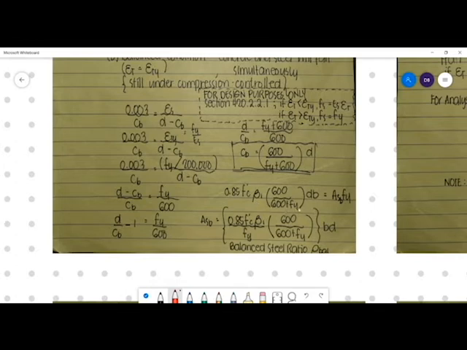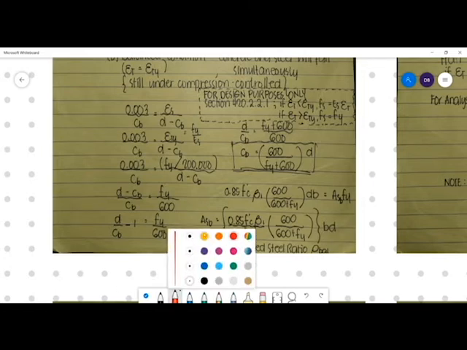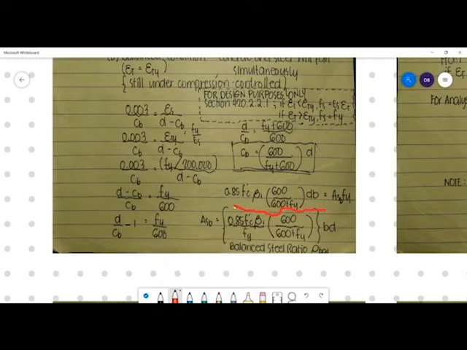C sub B natin is equal to area of steel in balance condition multiplied by Fy. Ang ASB natin is equal to 0.85 F prime c beta 1 over Fy times 600 over 600 plus Fy, times bd. So some textbooks are saying that this formula is what you call the balance steel ratio.